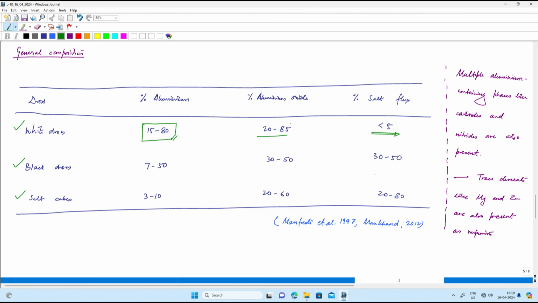The salt cakes, or salt slags at times, as they can be referred to, will have the least amount of aluminium and a very large amount of the salt fluxes that have been used. So it could have nearly 20 to 80% of salt flux, wherein these salt cakes are formed only after recycling aluminium dross or aluminium scraps.